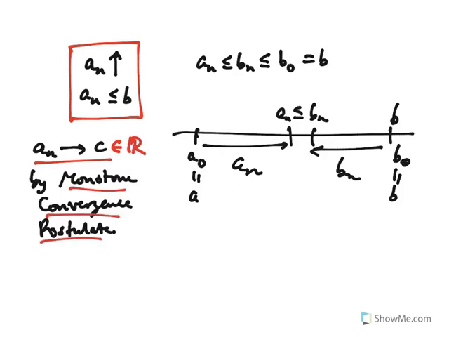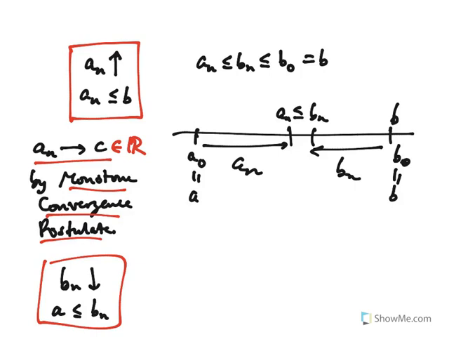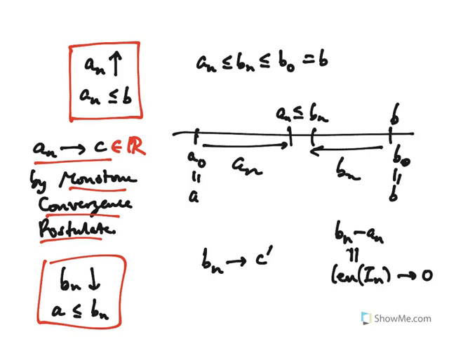Now, very similarly, the bn's are decreasing, and they're bounded below by a. So the monotone convergence postulate also tells us that those bn's are converging to some limit, which we can call C prime temporarily. But C and C prime are actually the same, because remember that bn minus an, which is the length of the nth interval, is going to 0.